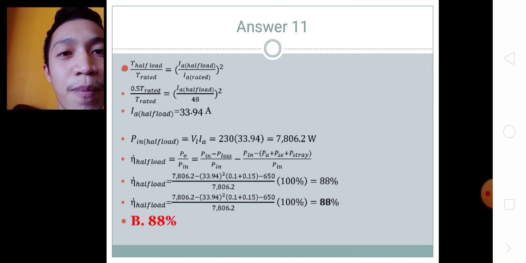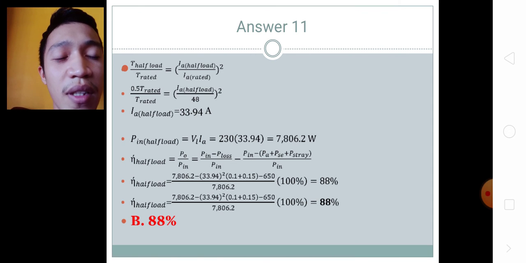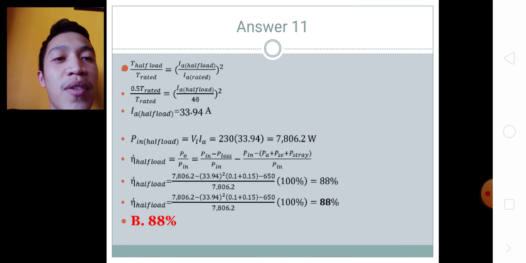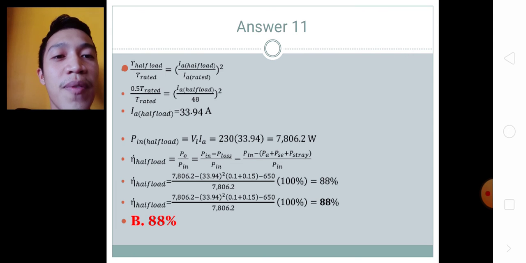So we have our half load P input equal to 7,806.2 minus the power loss, which is I squared times R. Our I is 33.94, squared, times the resistances, 0.1 plus 0.15, or 0.25, minus 650 watts, already given, over the input power, 7,806.2 watts, times 100%.